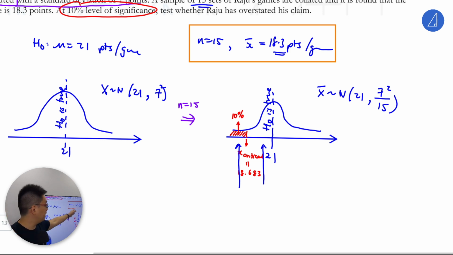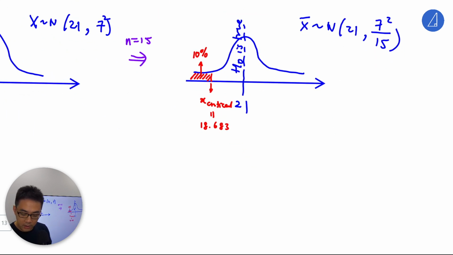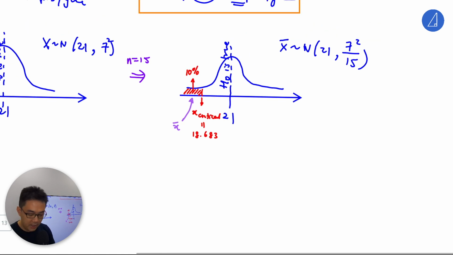If this X bar here, is it here or here? It should be on the left, right? Because this X bar is here. So because X bar is within the rejection zone, one will reject H naught.